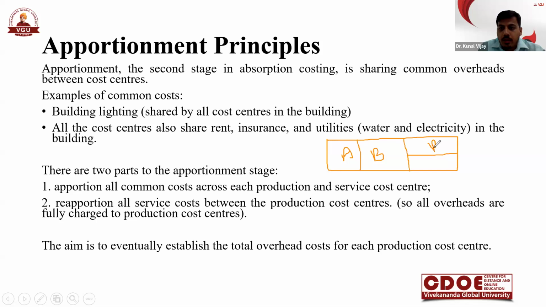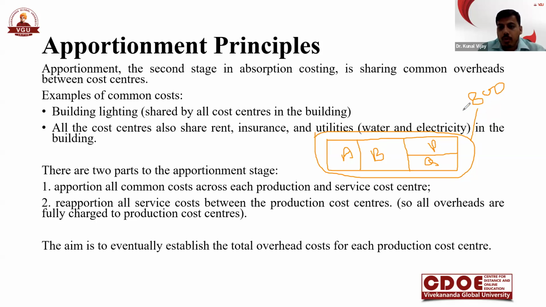One is P and the second is Q. Now suppose the rent for the entire factory, or electricity cost or water cost, whatever you may like, is 800 rupees. So now 800 rupees is for the entire factory.